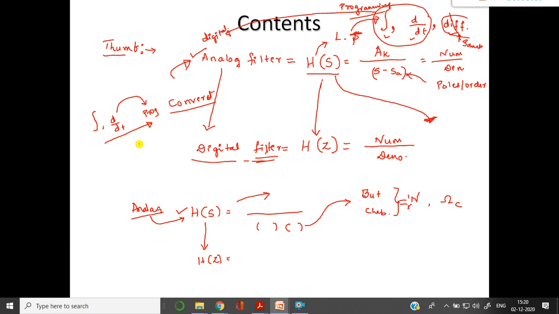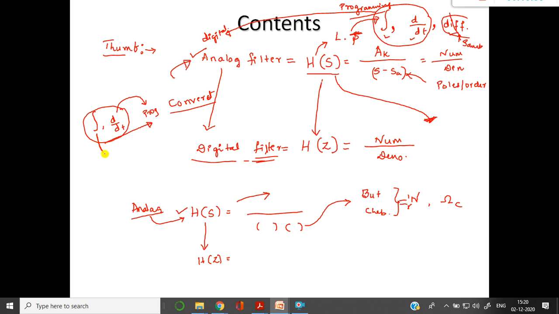Given a quadratic equation or any algebraic equation, you are familiar with writing those kinds of mathematical equations in programming. But if there is an integration model or d by dt differentiation model, how do you take that up? My Laplace definition is in terms of integration, right?